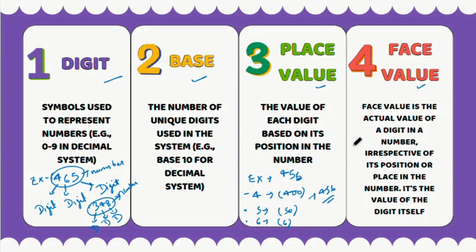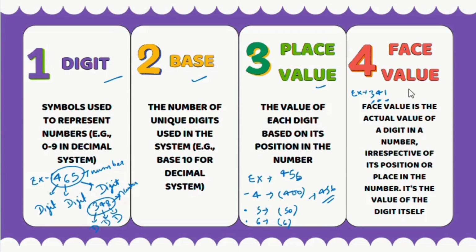Next, understand what is face value. The face value is the actual value of a digit in a number, irrespective of its position or place in the number. It's the value of the digit itself. For example, let's take 341. The face value of 1 is 1. The face value of 4 is 4. The face value of 3 is 3.